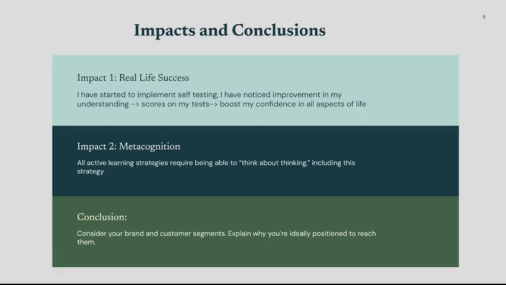The second impact that I found from learning by self-testing is that my metacognition has improved. Metacognition is just the awareness and understanding of one's own thought process. It's just thinking about thinking.